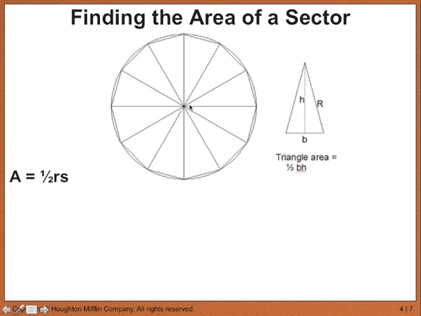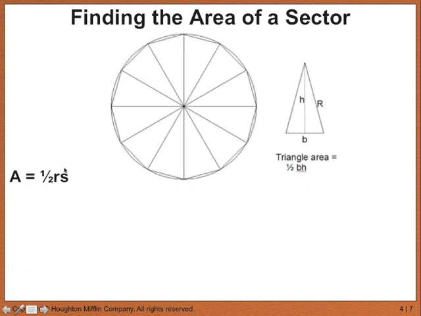The height H, as the triangles get thinner and thinner, gets closer and closer to the radius R. And so, as the number of triangles inscribed in the circle approaches infinity, the quantity H approaches the quantity R. And so basically, A equals 1/2 RS is derived from that because it boils down to A of a triangle equals 1/2 BH.